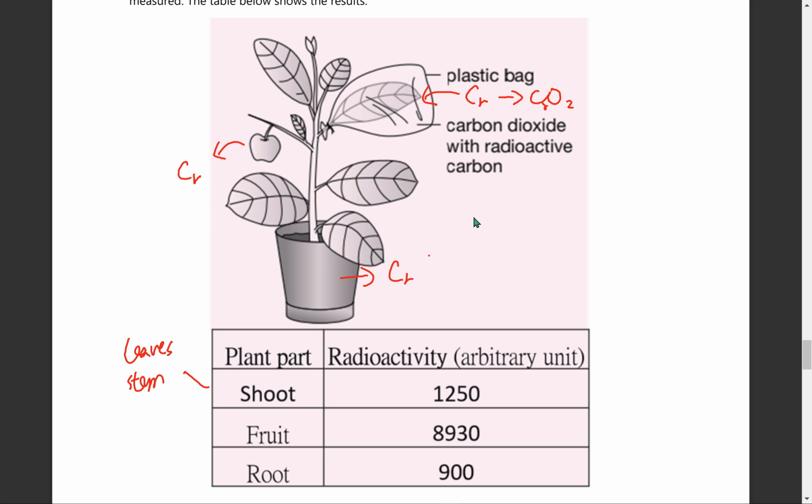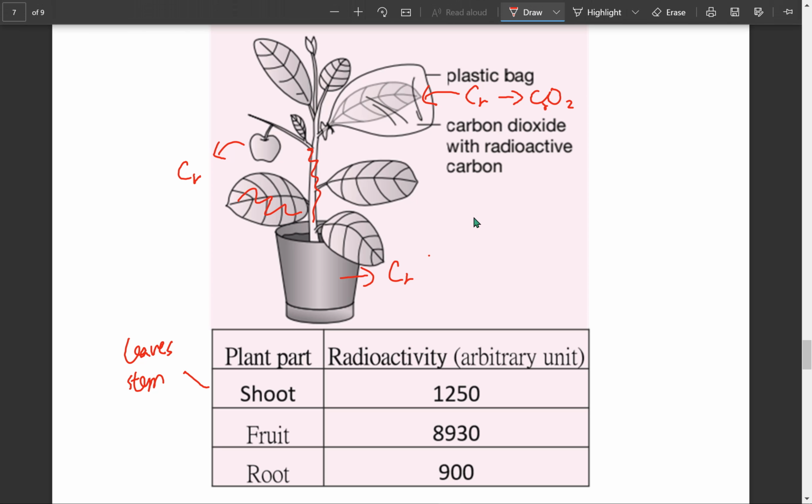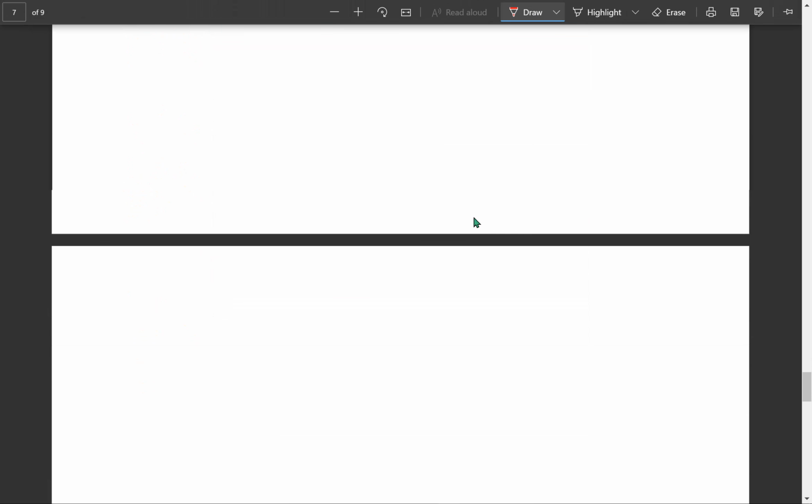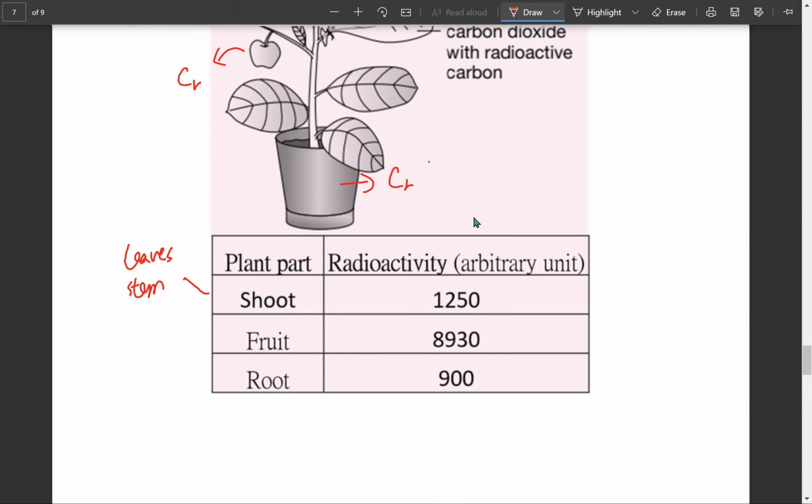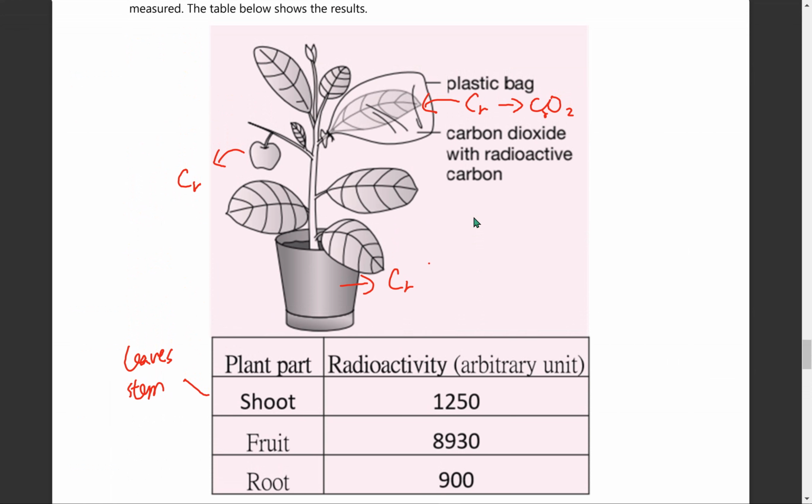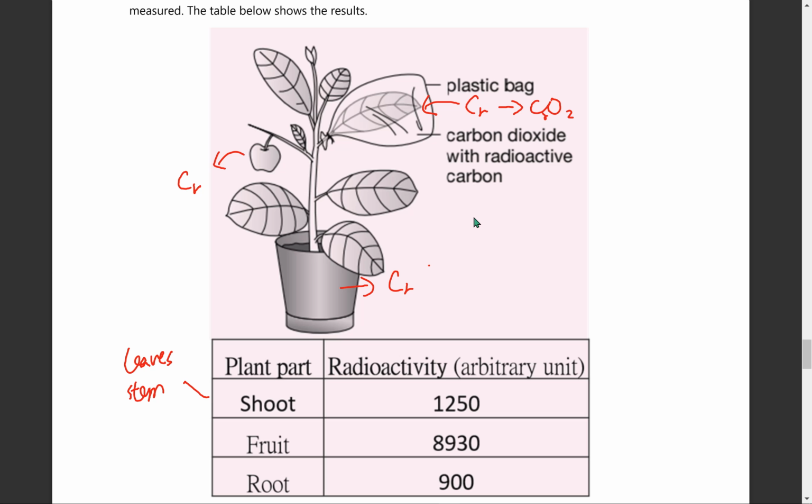Okay, so which means the stem here and the leaf here, but excluding the fruit. All right. Let me go through the numbers briefly. So shoot having 1,020, 1,250, and fruits having the highest, 8,000 and something, and then shoot with 900.